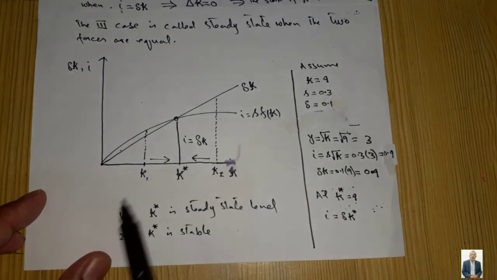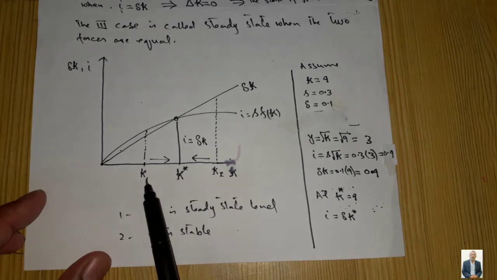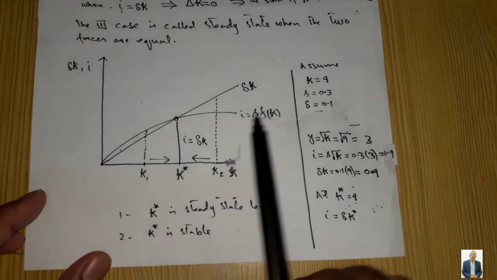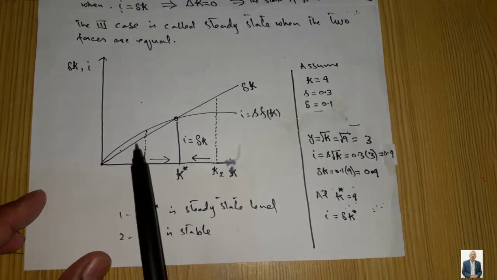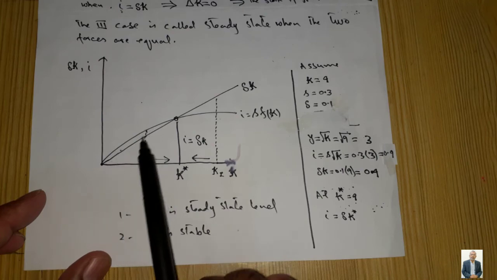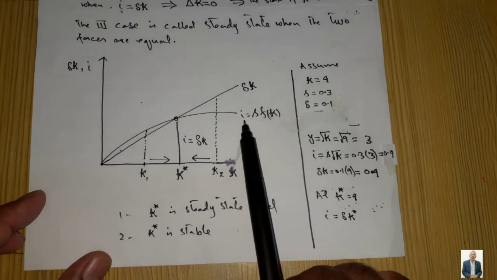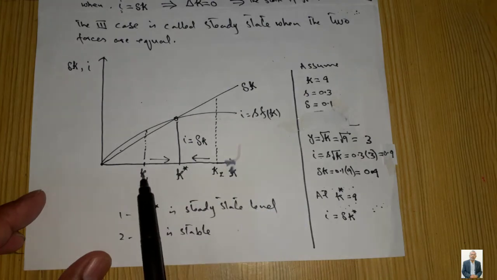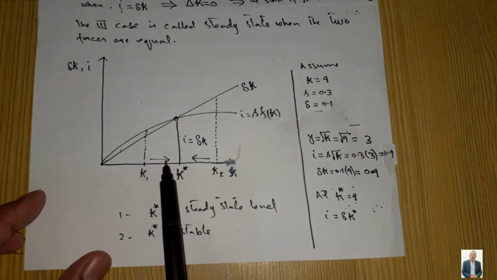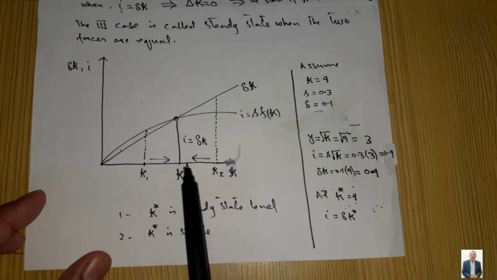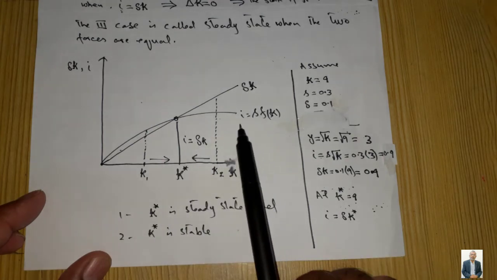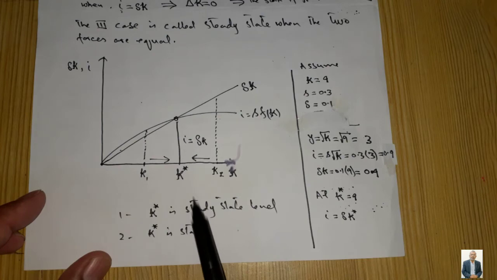And suppose we are at this level of capital per worker, here the investment per worker is greater than the depreciation per worker. So investment is coming in more, so the capital stock will increase. So we will again be at the level where investment per worker is equal to the depreciation per worker.